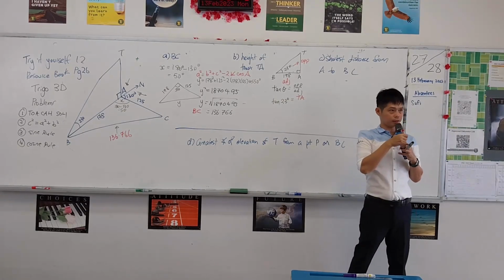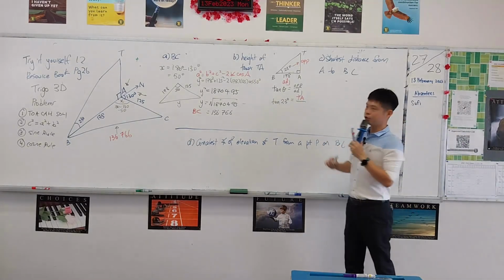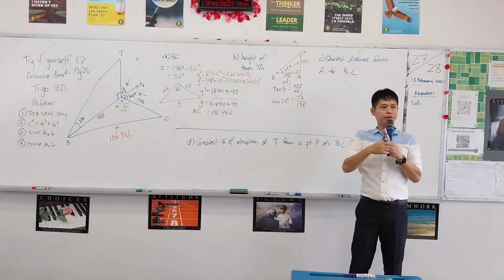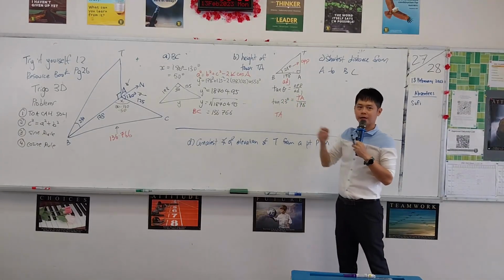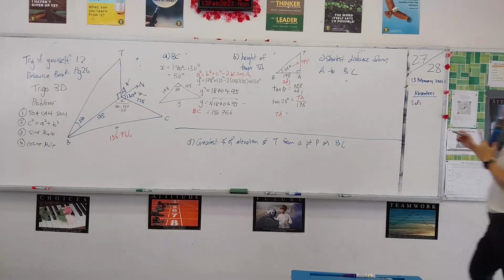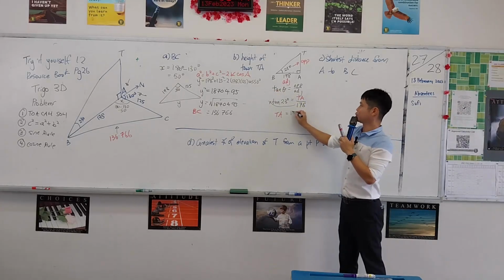Now it's okay to write opposite, but at the end later we will just label as TA. So adjacent, 178. Can you tell me now the last step? Do I cross multiply or do I flip? This one you again must tell me. Am I going to cross multiply or am I going to flip? Now TA is on top. All you need to do is just cross multiply.